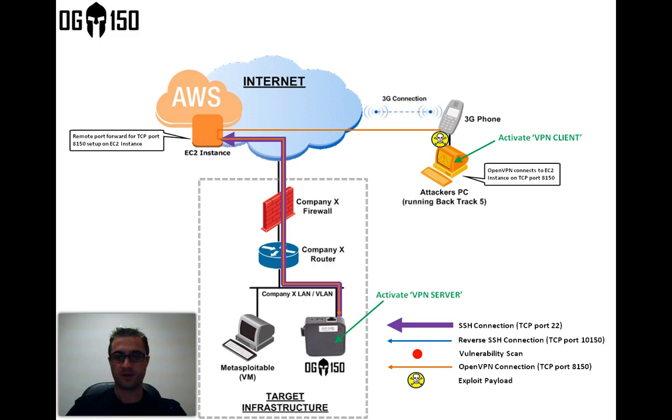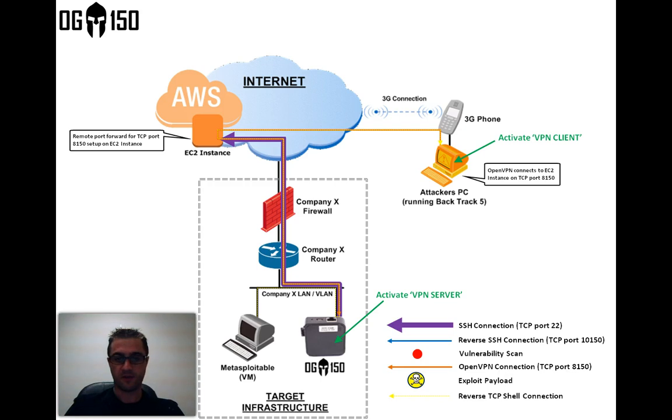Okay, and here you can see the payload. Same principle, over the tunnel, back out and into the Metasploitable. So in this scenario, the exploit payload was to create a shell connection from the Metasploitable VM back to the Backtrack 5 machine.